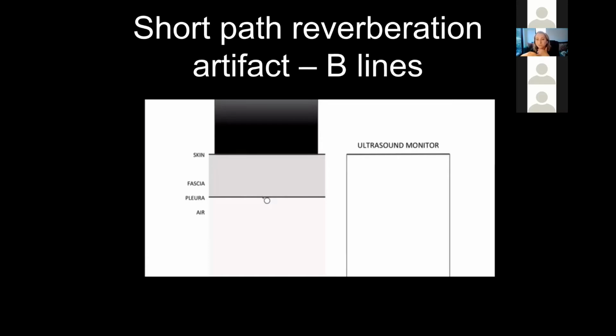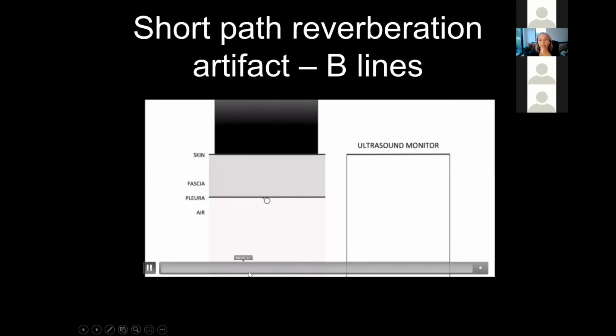Now, because it's fluid, the signal doesn't attenuate. So it continues to be quite bright as it goes down, as opposed to the long path reverberation artifacts with the A lines, where it fades. So here, the little lines go down the screen, but they continue to be quite bright all the way to the bottom, and they should traverse the whole screen.